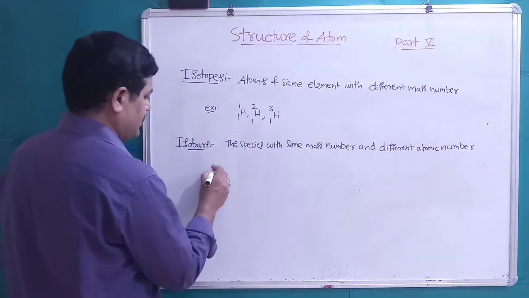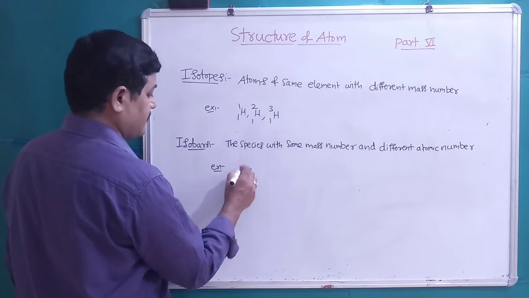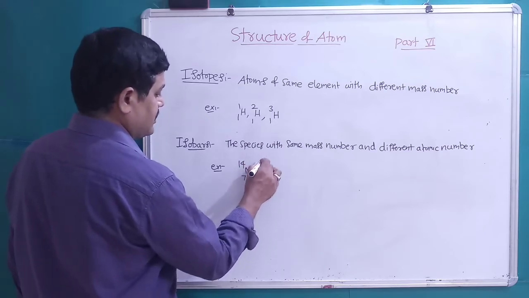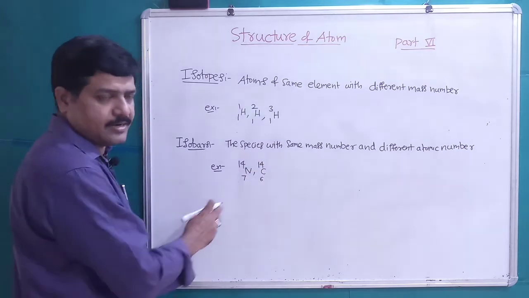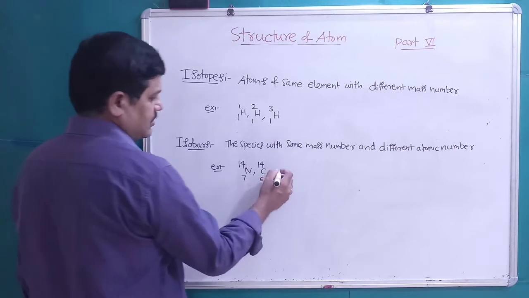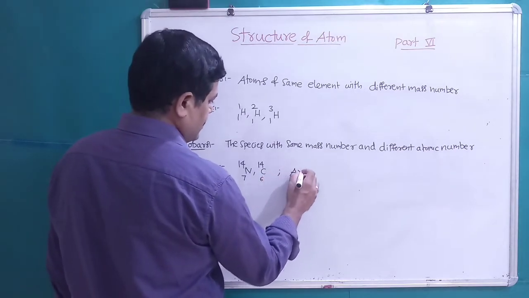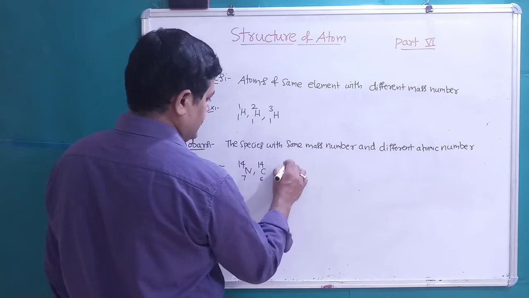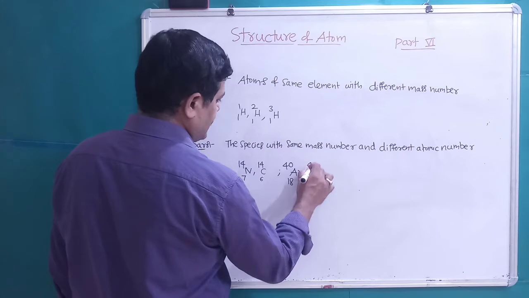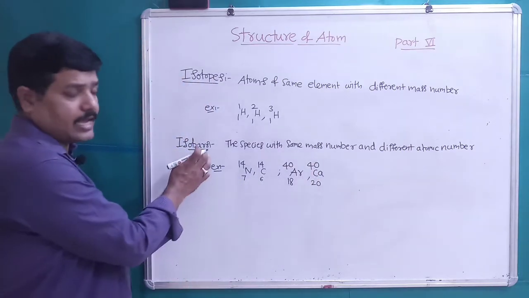For example, nitrogen 7N14 and carbon 6C14: same mass number, different atomic number, these species are called isobars. One more set we can take is argon 18Ar40 and calcium 20Ca40: different atomic numbers, same mass numbers, they are called isobars.